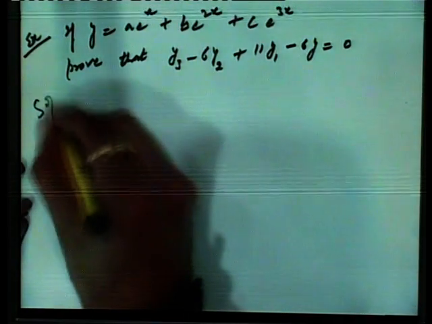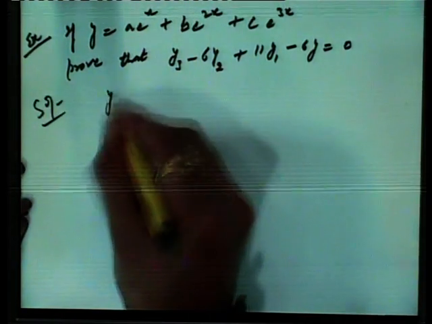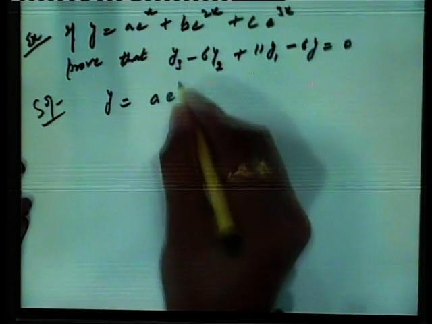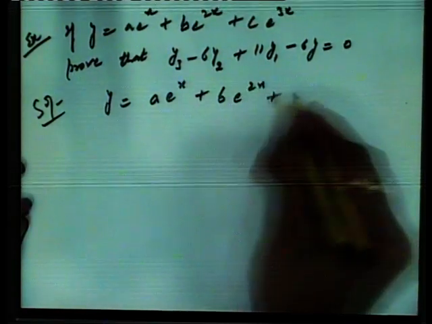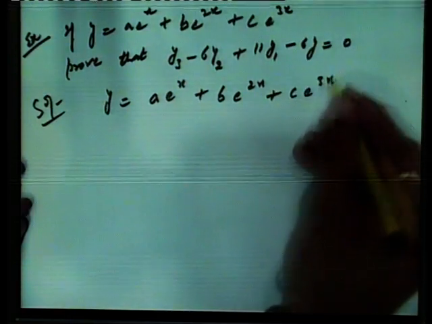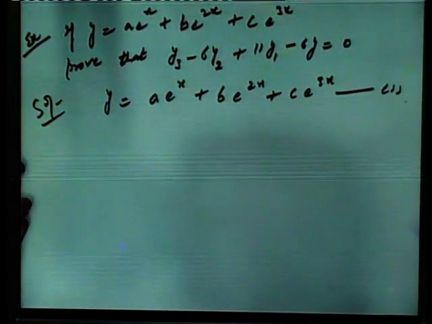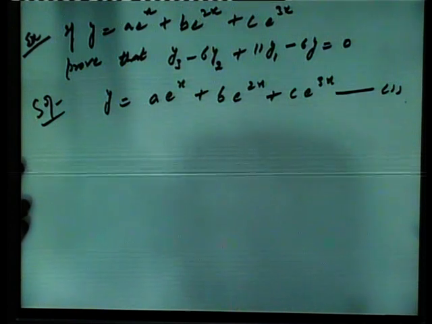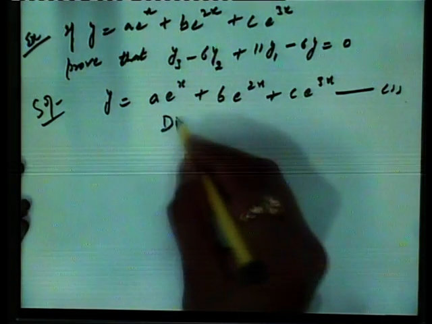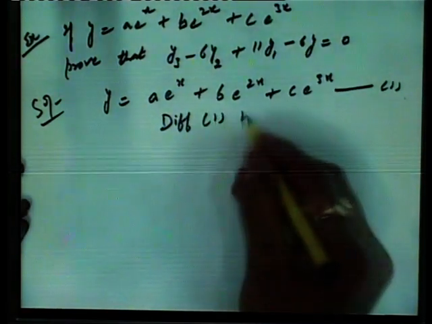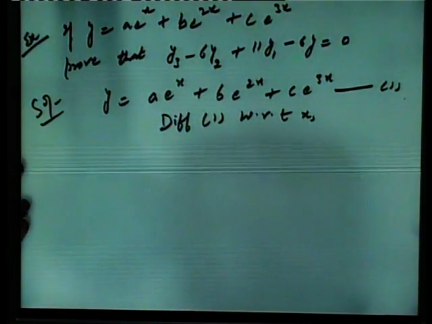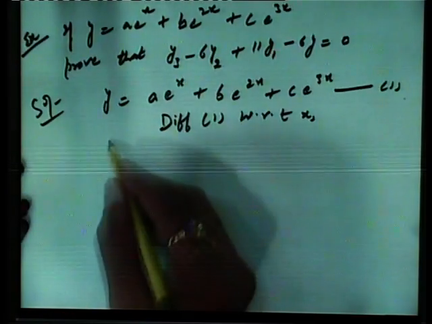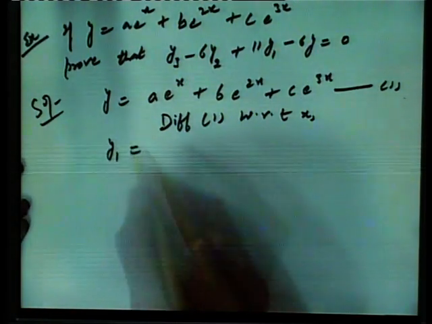So, solution: you are given y is equal to a e power x plus b e power 2x plus c e power 3x. This is number 1. You can differentiate 1 with respect to x. The differentiation of y is y1.